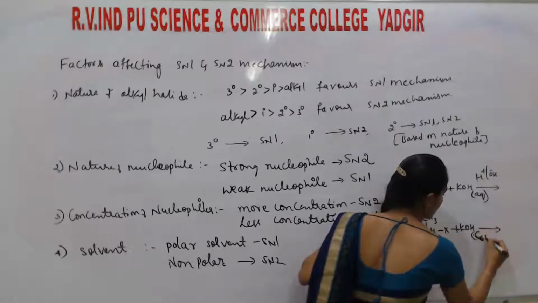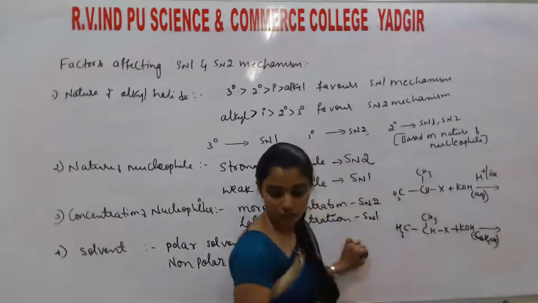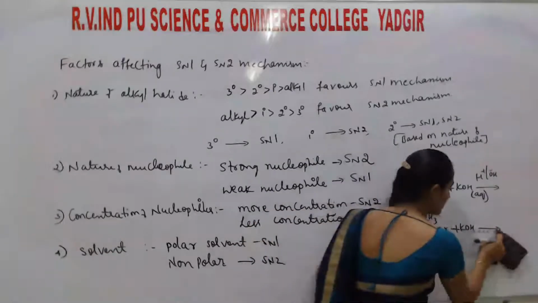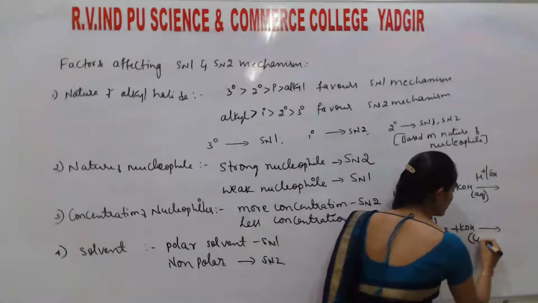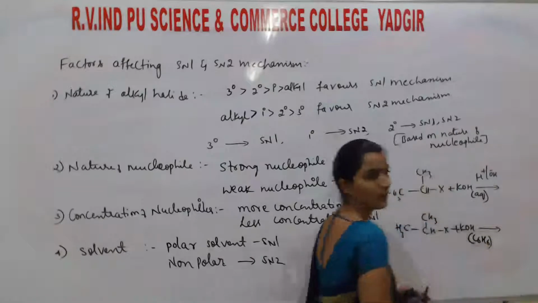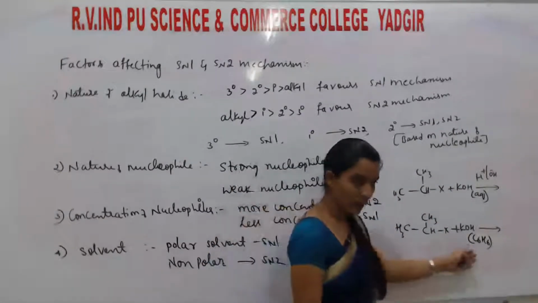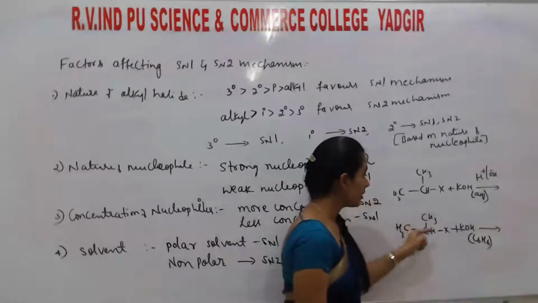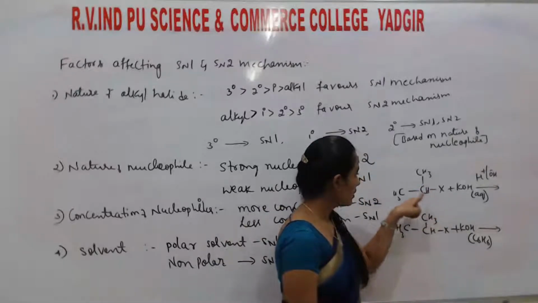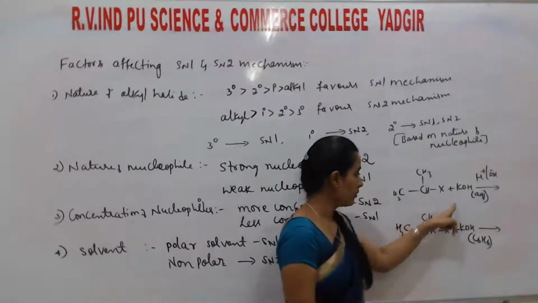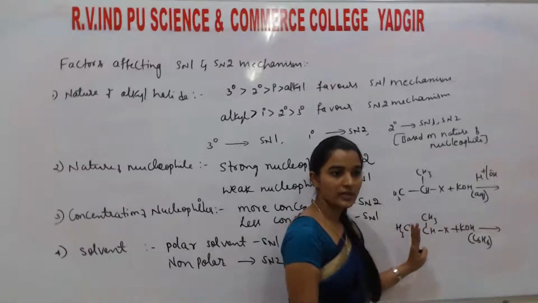But here the given solvent is benzene or ethanol, an organic compound. Ethanol is not a polar solvent, and instead of that you can take simply benzene, C6H6. Organic solvent, it is a non-polar solvent. Here, the alkyl halide is the same, and the nucleophile is also the same.